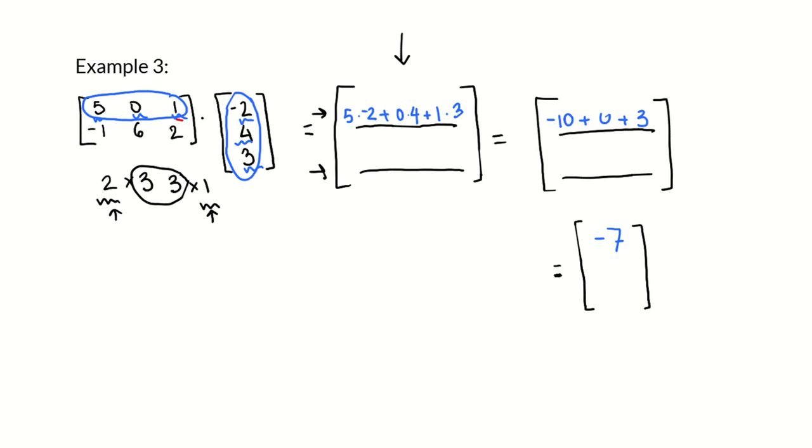And now we multiply the other row, the second row, with the first column. And we go piece by piece, negative 1 times negative 2, and 6 times 4, and 2 times 3.